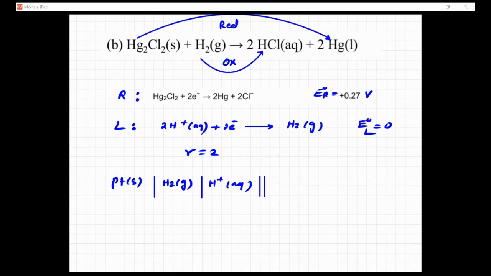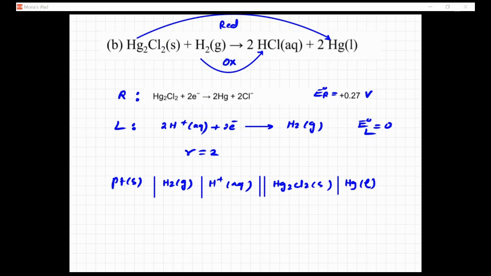Then at the other side, what is it I will have? I will have Hg2Cl2, which is of course solid, right? And then I have Hg, which is liquid. Now, this is a special type of electrode, which I mentioned previously, called the calomel electrode, which has Hg liquid, and this is how we represent it.